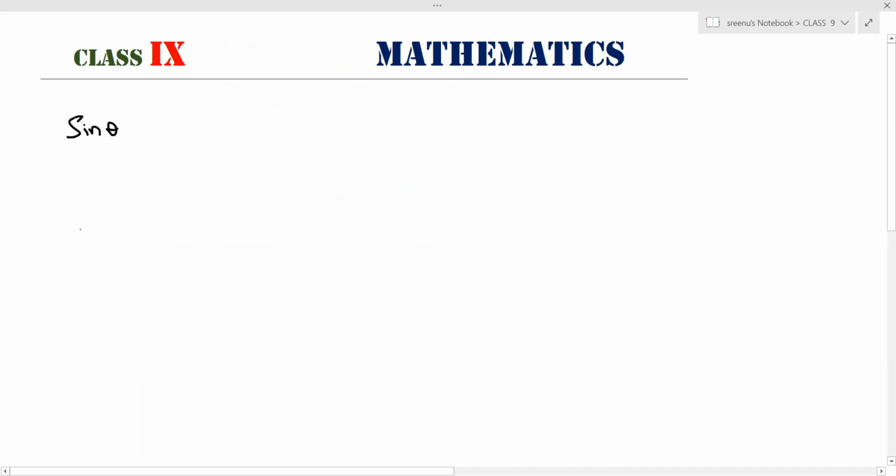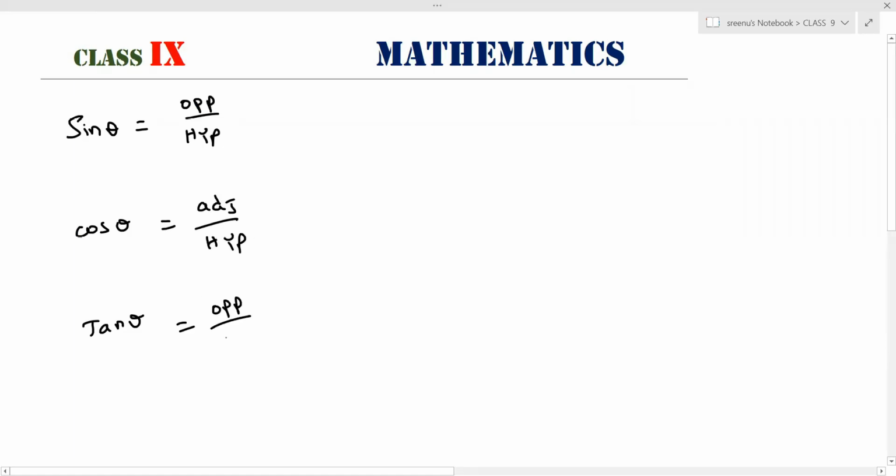So we have defined sine, cos, tan. Sine theta: opposite and hypotenuse. Cos theta: adjacent and hypotenuse. Tan theta: opposite and adjacent. Now I will define the reciprocals of these three. The reciprocal of sine is cosecant theta, we will write cosec.